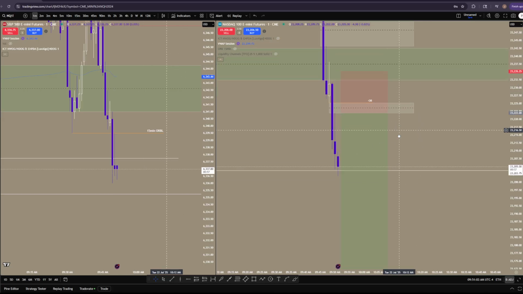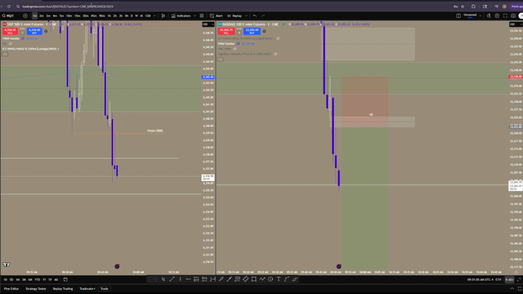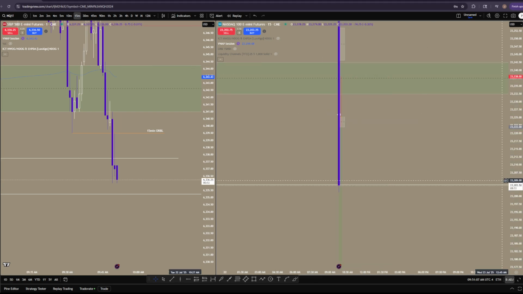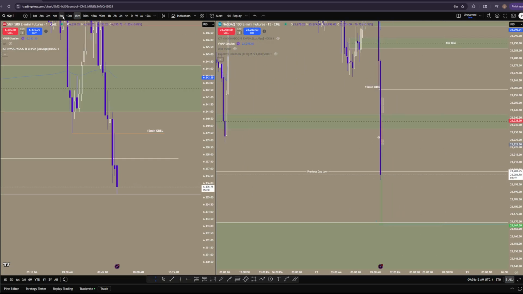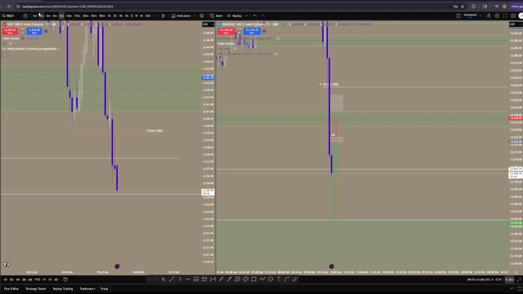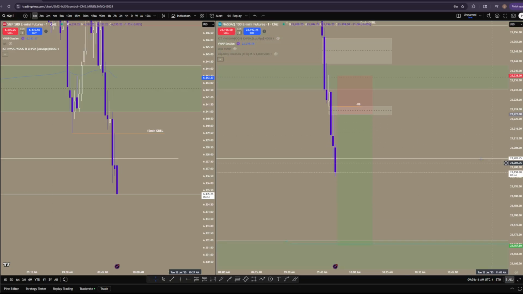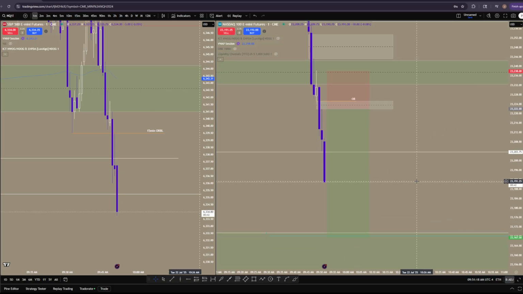We just took out previous day low. Doesn't look like we want to get any pullback here, guys. Looking very similar to yesterday, just the exact opposite way.